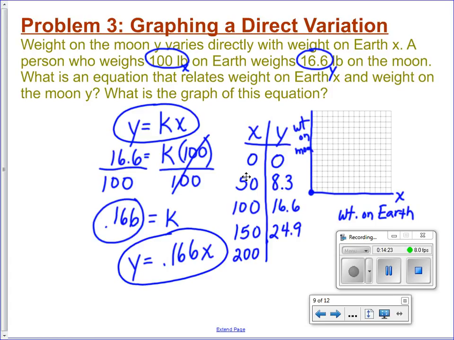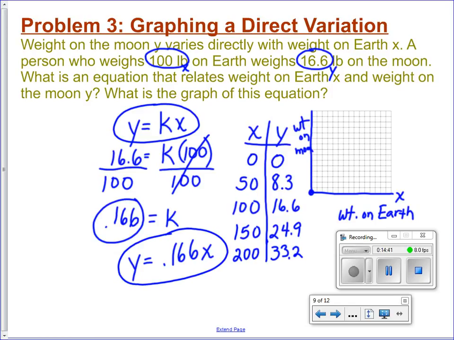And taking our 0.166 times 200 pounds on Earth, we get 33.2 pounds. All right, so let's determine a nice scale and graph this.